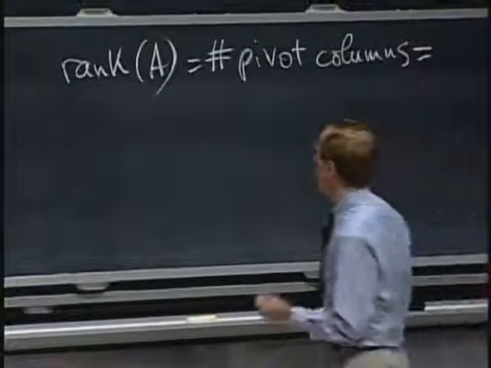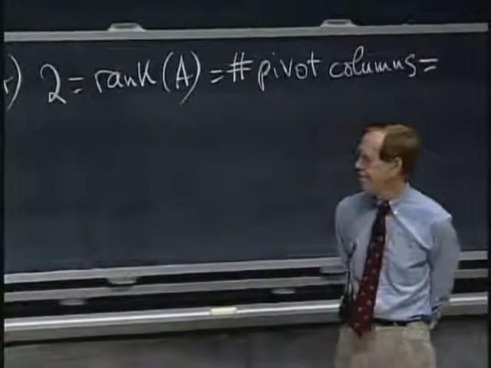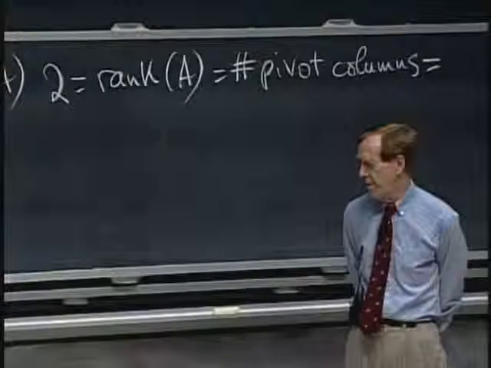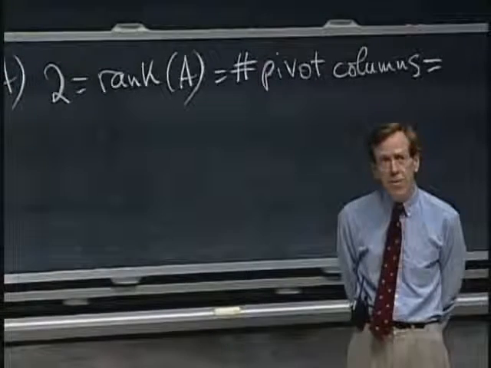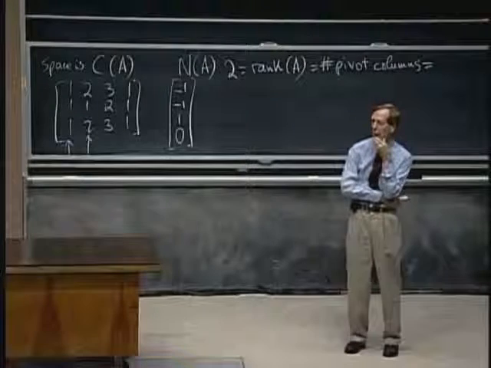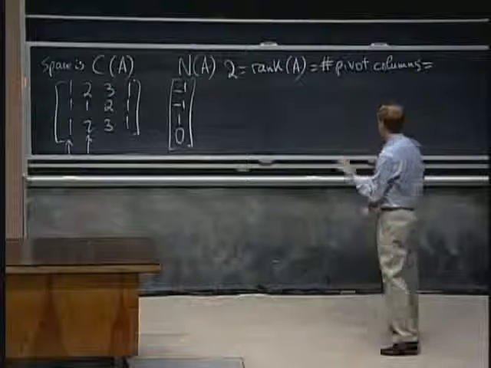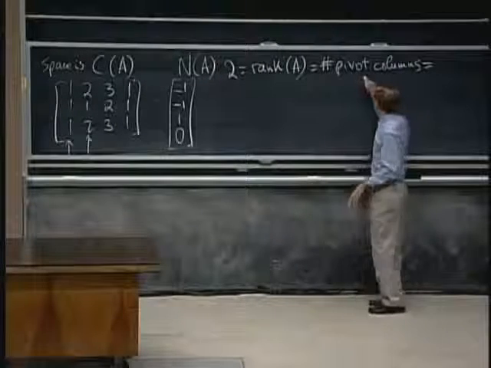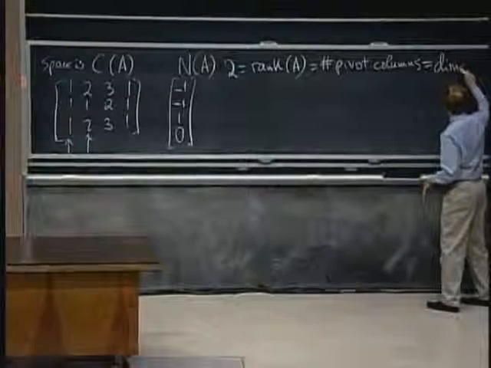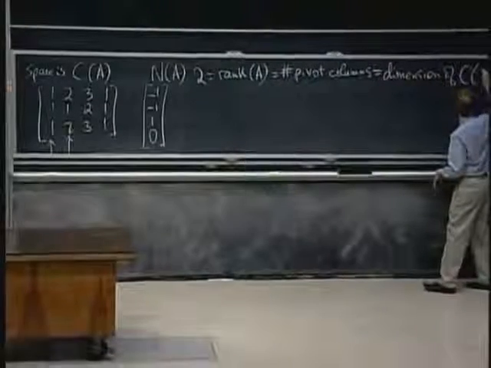It's the number 2, of course. 2 is the rank of my matrix. It's the number of pivot columns. Those pivot columns form a basis, of course. So what's 2? It's the dimension. The rank of A, the number of pivot columns, is the dimension of the column space.